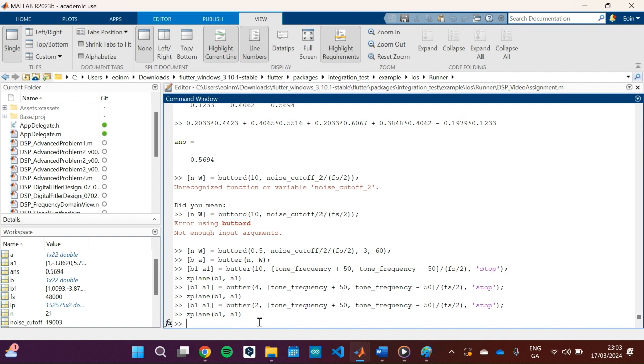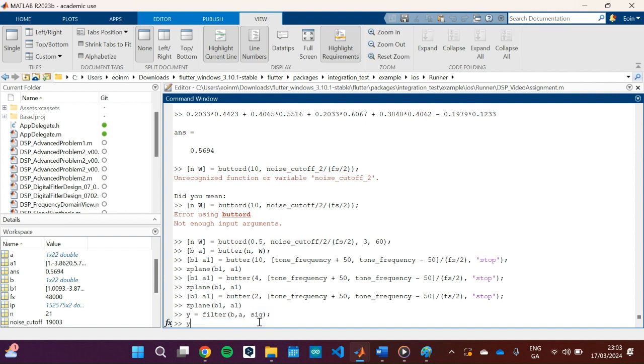Alright, so Y will be the output of the first filter. So filter function with the B and A coefficients, sig for the signal, and Y1 for the input of the next filter. So filter B1 A1 Y.